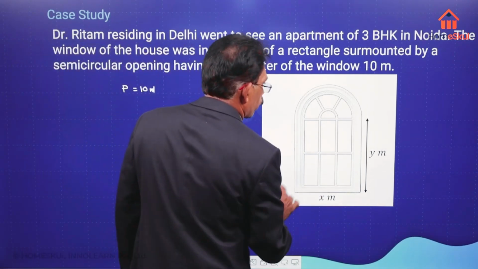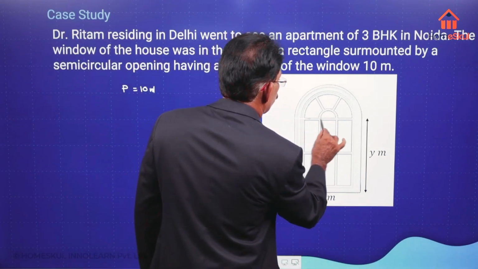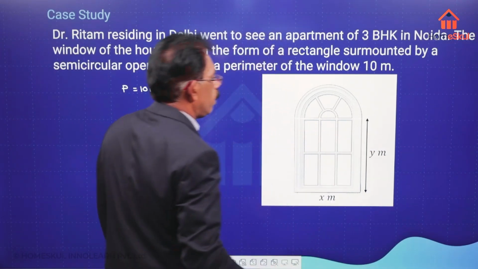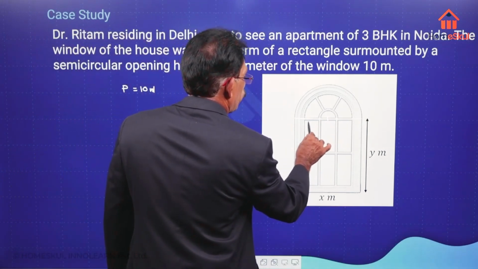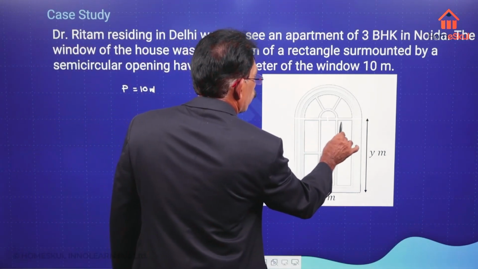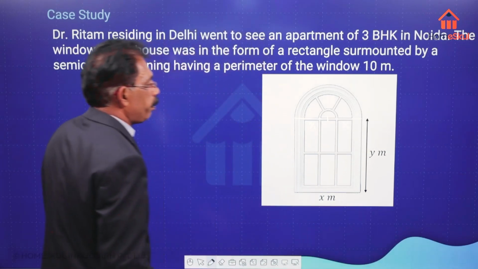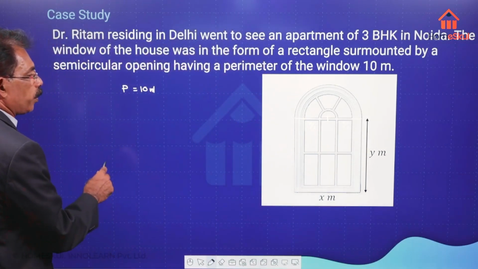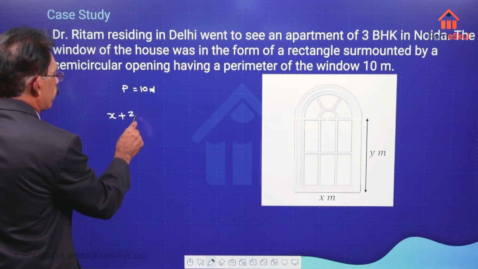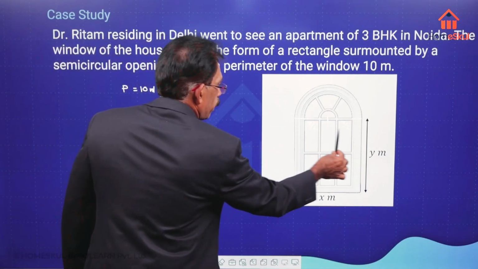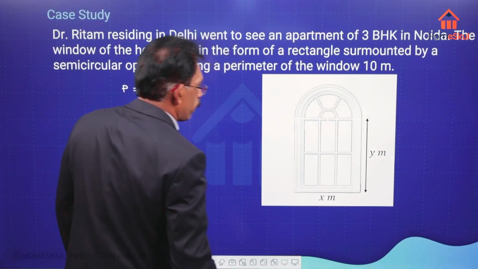Suppose this is equal to x. This is surrounded. Look. Here is x by 2 here. This is also x by 2. What's the perimeter? Perimeter is equal to x plus 2y. X plus 2y, 2 sides.